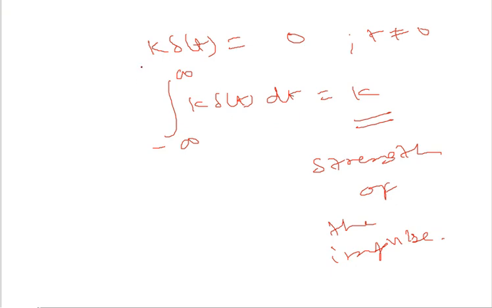Earlier we have seen that if this area is equal to 1, then we call it a unit impulse, meaning the strength of this impulse is 1, or the area under the impulse is 1. In this case k is the area under the impulse k into delta t, or the strength of the impulse.